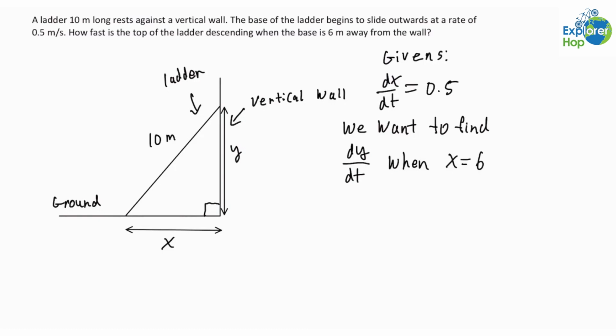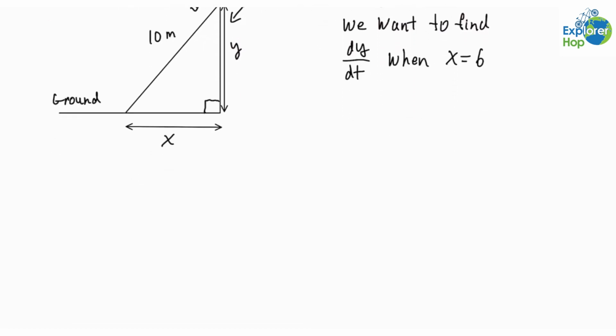Now let's write an equation that relates the two variables x and y. Notice that the ladder forms a right triangle, so we can use the Pythagorean theorem. And we get that x squared plus y squared is equal to 100, which is 10 squared.